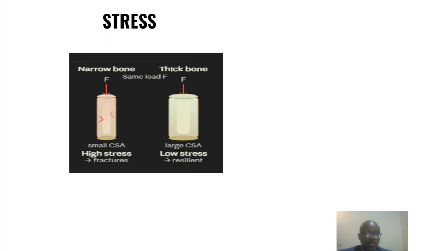The narrow bone, because of the high stress, begins to experience fracture. For the thicker bone, which has a larger cross-sectional area, the stress is low, and that's why the bone is resilient. So what does this mean? It means that if you apply the same force to a smaller area, you have a higher stress.